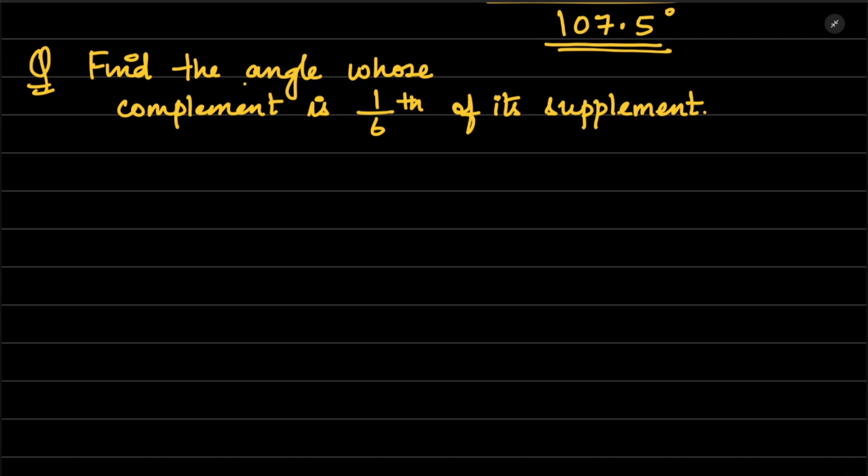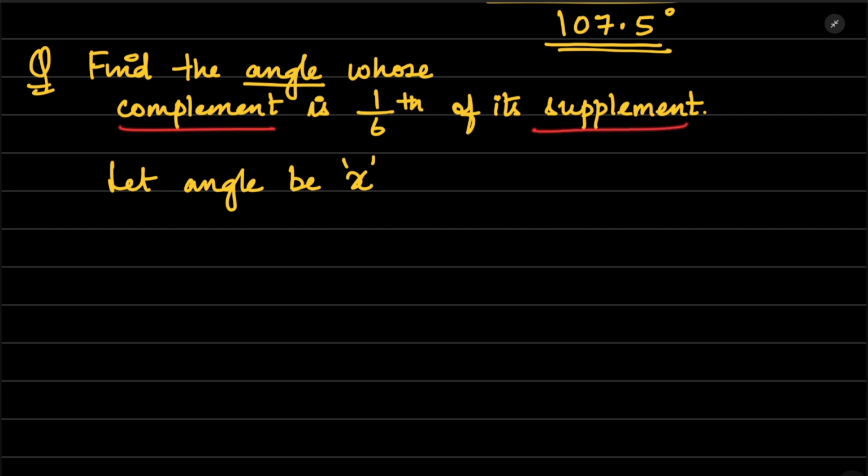So you are asked to find an angle, right? Let's always start by writing that let the angle be x. Okay. You have to find both complement and supplement, right? So what is the complement?